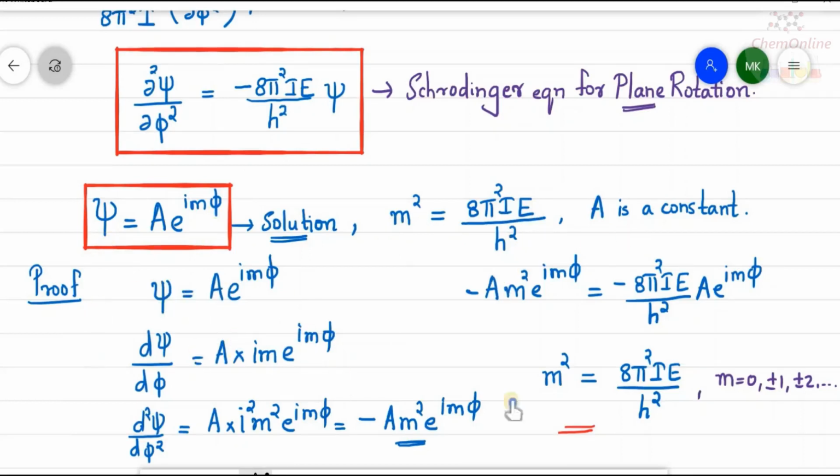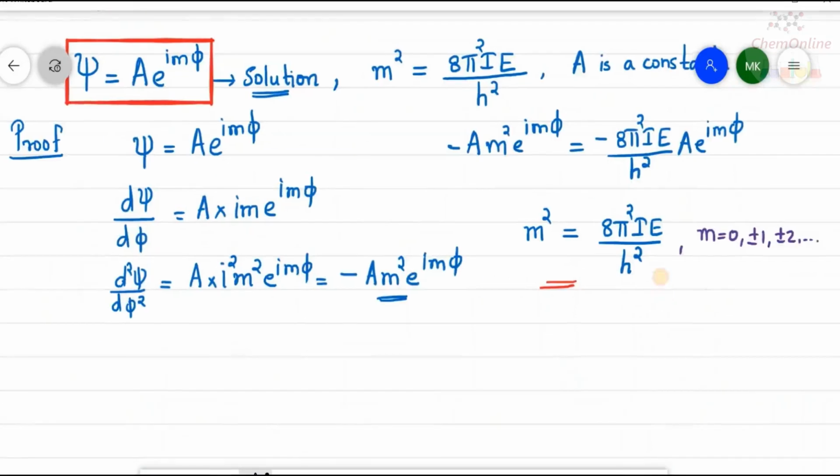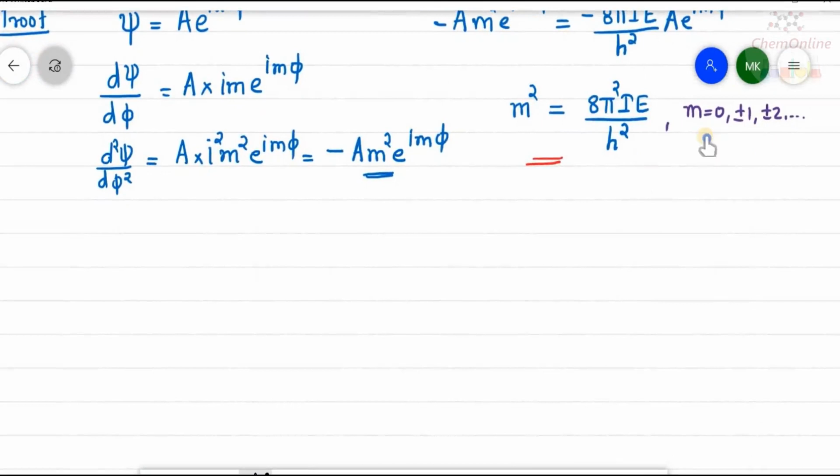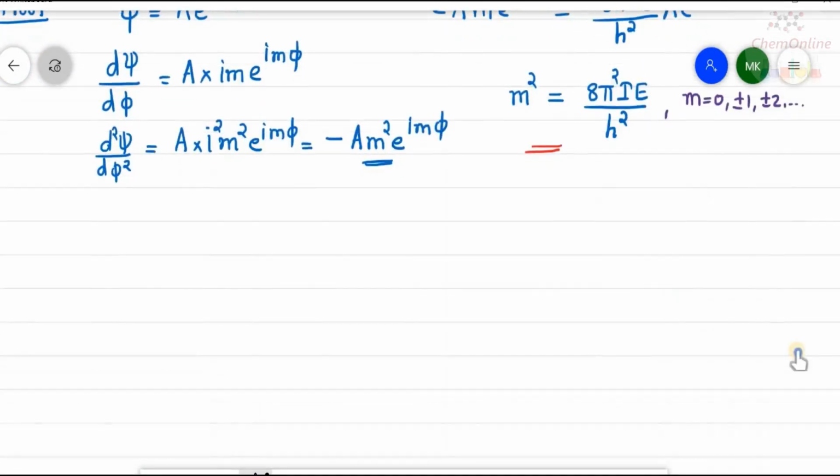And that we have proved here. And we saw that the possible values of m are 0, plus or minus 1, plus or minus 2, etc. Now let's see the proof for it.